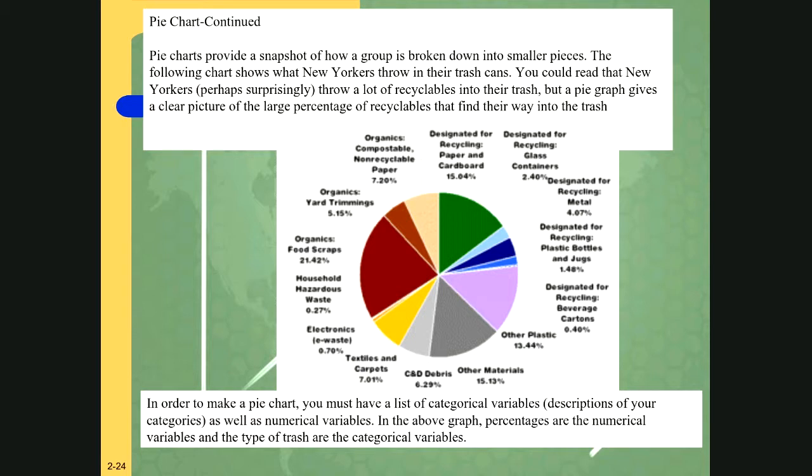Now, can anybody tell me how to make this pie chart a little more readable? How would you make it more readable for the audience? Anyone? A legend, yeah, that's one way. Okay.